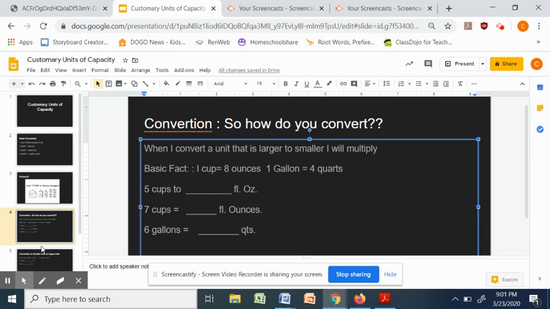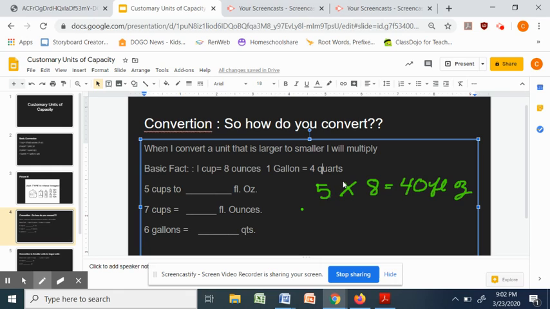So how do I do that? Here's my first problem. I want to convert my cups into ounces. 5 cups times, now what's the basic fact conversion? 1 cup is exactly the same as 8 ounces. So if I have 5 cups, I'm going to multiply it by 8. That would be 40 fluid ounces.